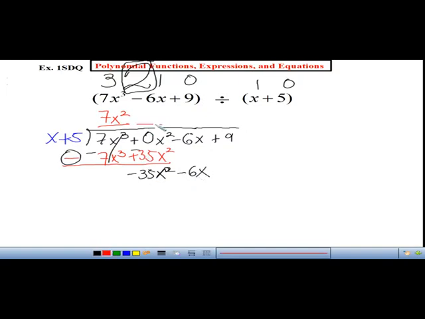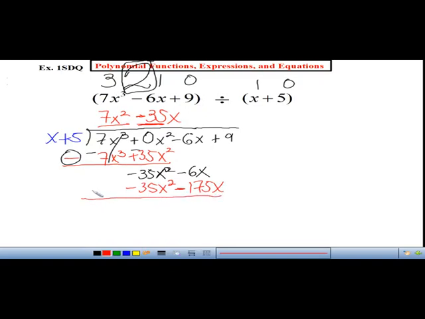Next, what number times x gives me negative 35x squared? Negative 35x. Negative 35x times x, negative 35x squared. And negative 35x times 5, that's negative 175x.